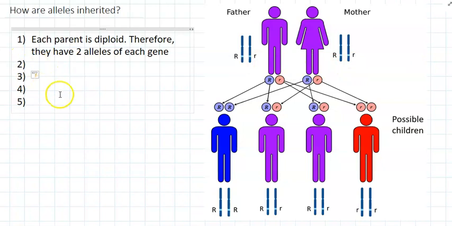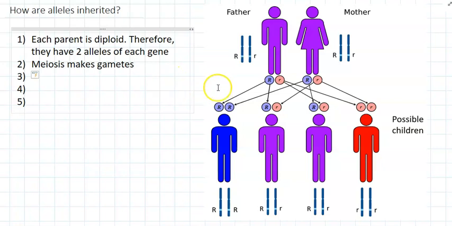So the next thing we've learned is that meiosis makes gametes. So meiosis is the type of cell division where it starts with a diploid cell and then it makes haploid daughter cells. And remember, this only happens in the gonads.